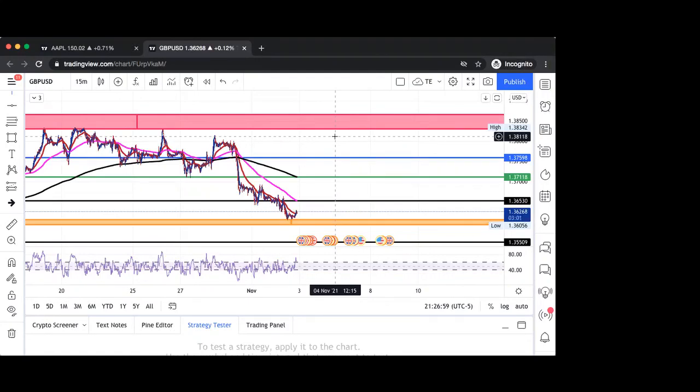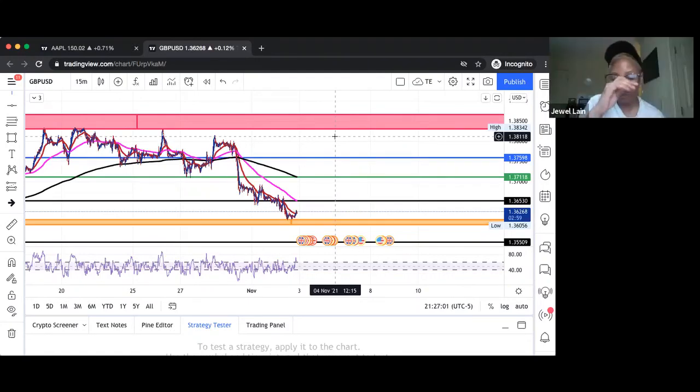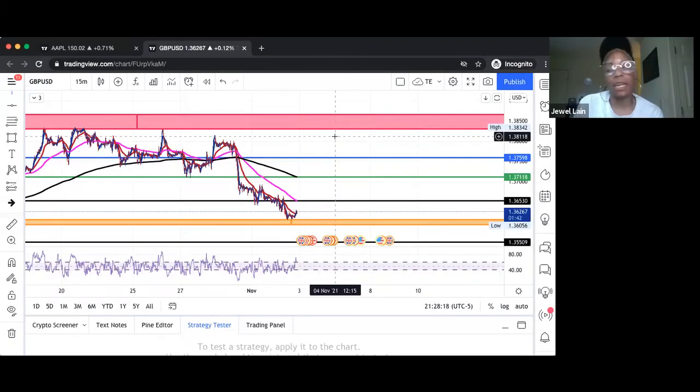If you go down, the hardest thing to do is to literally close out a trade, because in your mind you think, man, I didn't lose all my money, when really you only lost a portion of it.